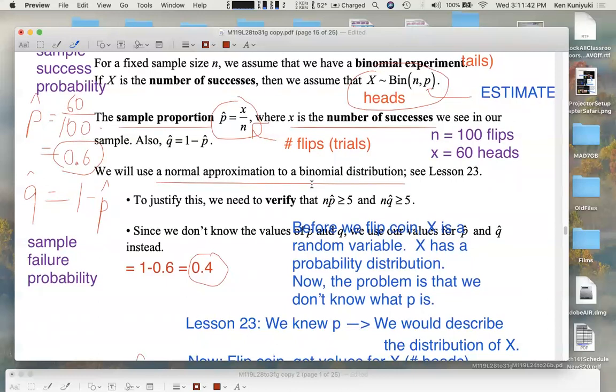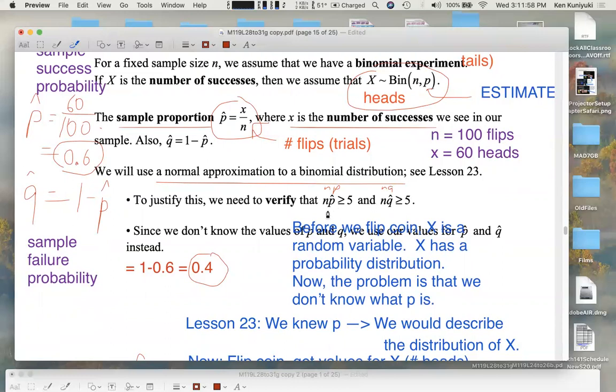Now, under what conditions could we apply the normal approximation? If np was at least 5, and if nq was at least 5. But wait a minute. We don't know what P and Q are yet.